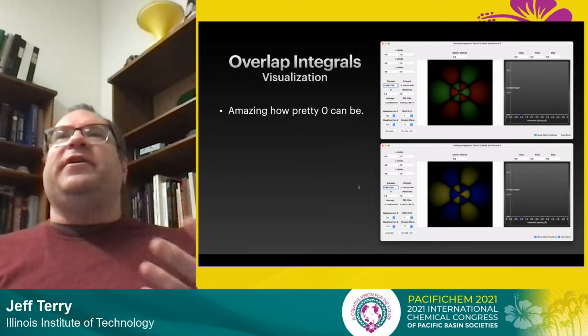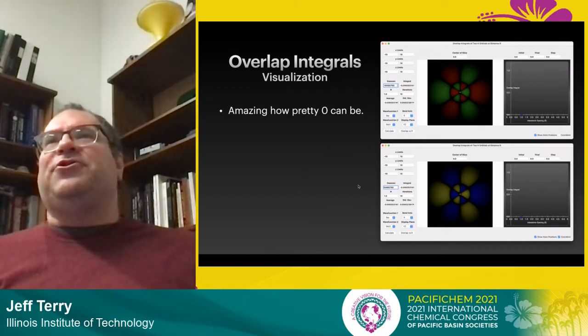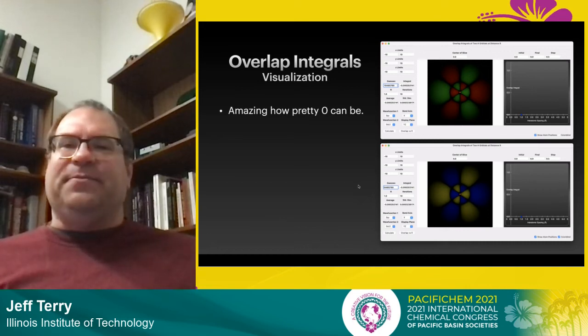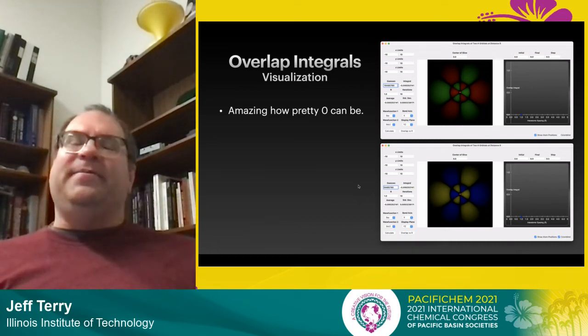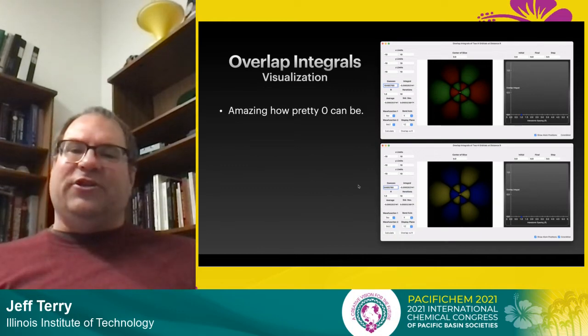But because of all the nodes in the wave function, it doesn't have the simple picture that you normally think about when you're dealing with orbitals that you see in textbooks. And I think this really helps to give you a perspective on what the orbitals actually do look like.